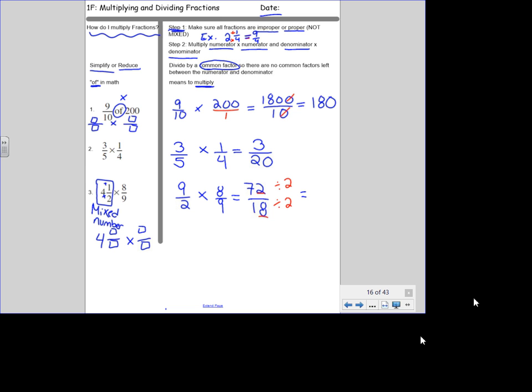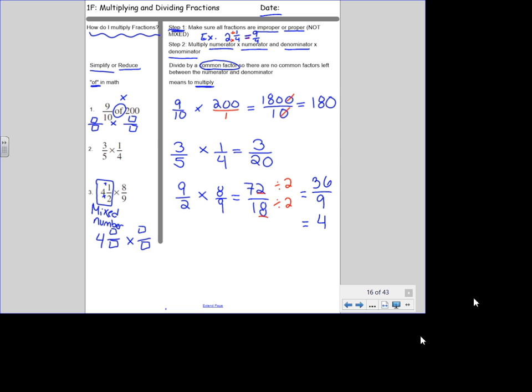Half of 72 is 36. Half of 18 is 9. Once I've reduced to 36 divided by 9, I might notice that 36 is a multiple of 9. So 9 times 4 makes 36. So that means 36 divided by 9 is also equivalent to 4.